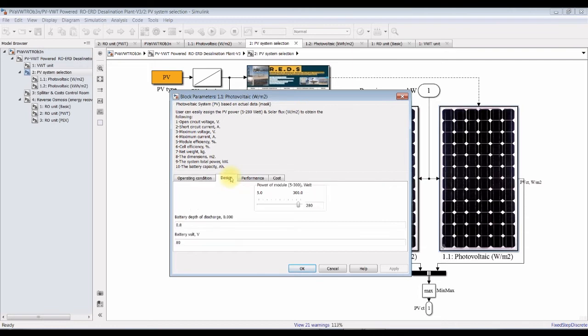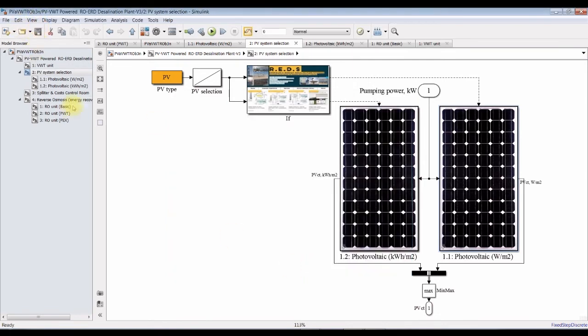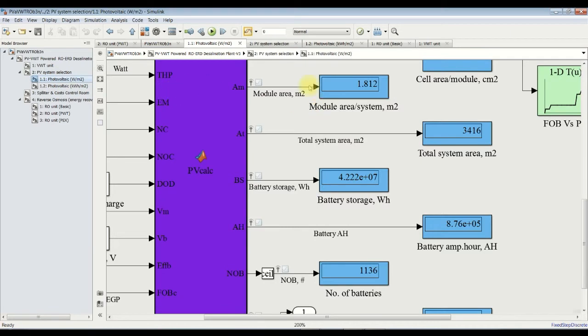Okay. For design, you can choose your module type. I'm going for the 220 module type, with battery depth of charge, efficiency of the battery, and the cost of the batteries. Okay. Let's return back again, go to the photovoltaic system, and hit run.